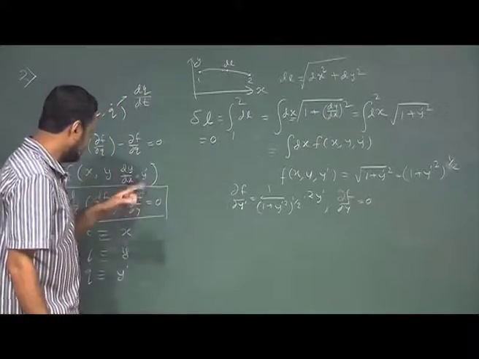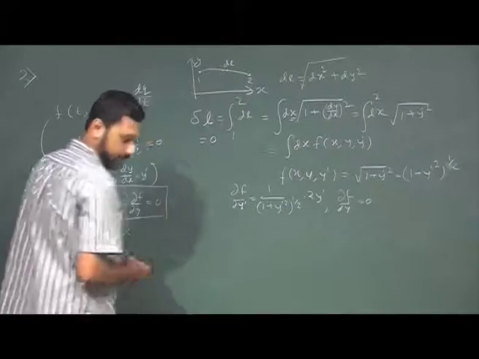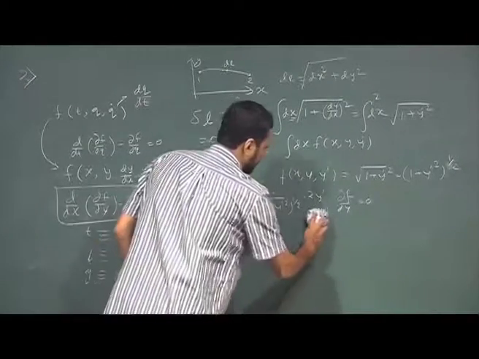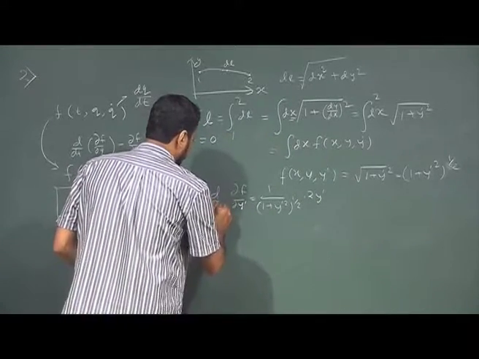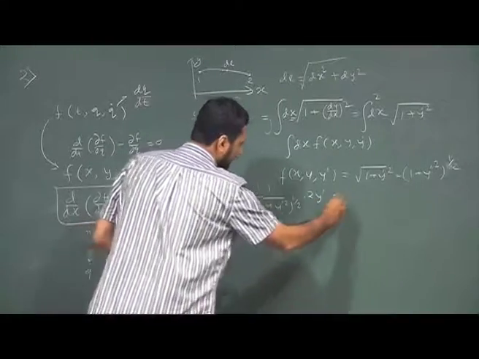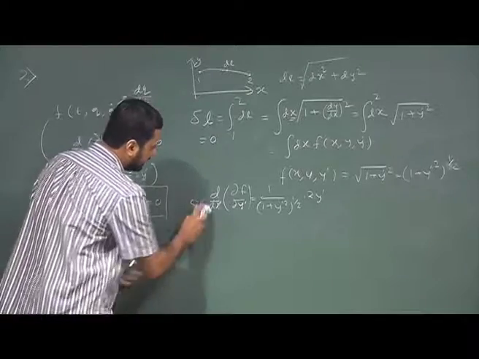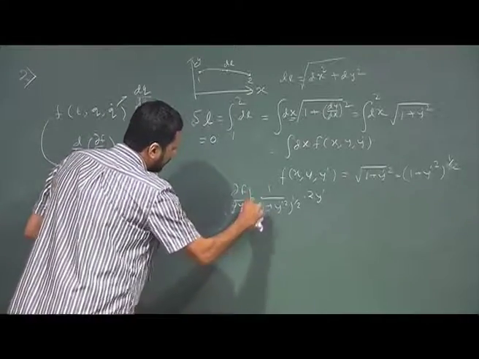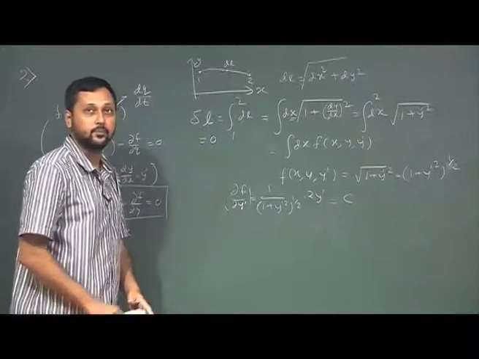So, what we get by applying this equation is d dx of this whole thing will be equal to 0, right. So, that means this is equal to a constant.